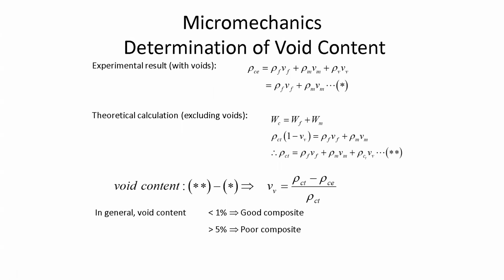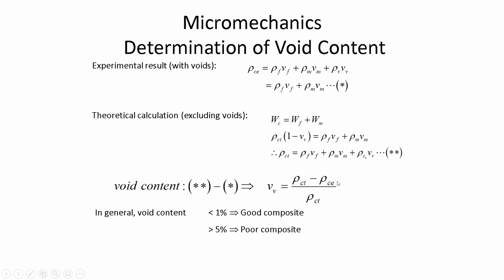So how do you calculate void content? The void content is going to be the theoretical density calculation, ρ_CT, minus the experimental density calculation over here at the top. When I subtract this from that, I get ρ_CT V_V. If I want just V_V, the void content, all I have to do is divide this equation by the density from the theoretical calculation.